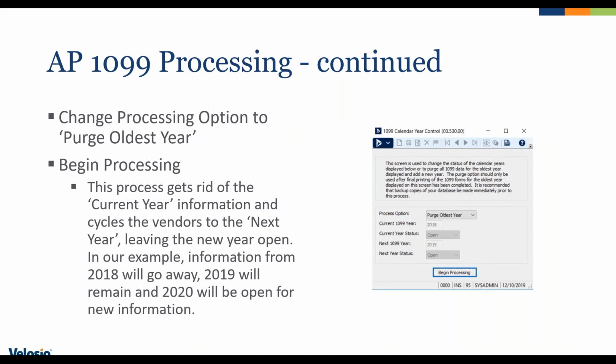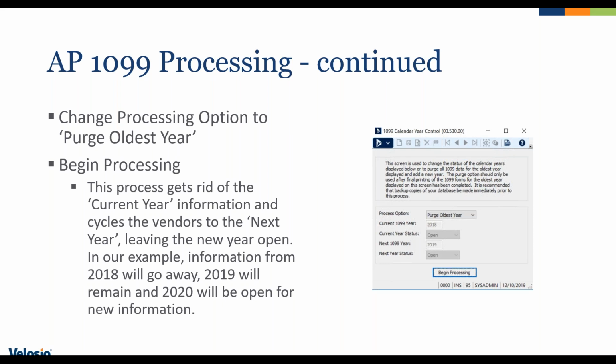If you're in doubt, you can open the 1099 calendar year control screen. The screenshot here shows us what the current 1099 year is, as well as what the next 1099 year is. This screen is also used to purge the oldest 1099 year and roll them forward one year. This has to be done to be able to print checks for a specific year.